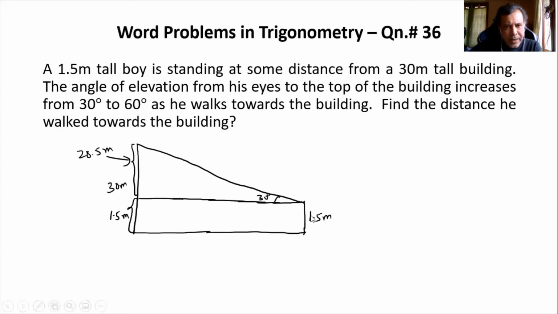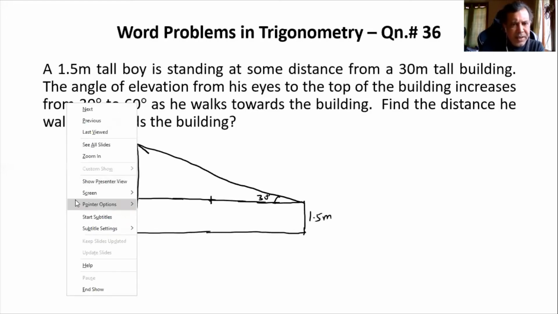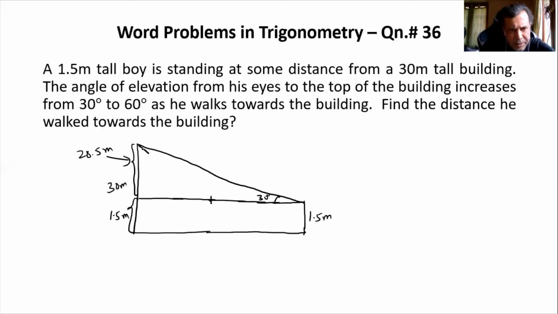Once he started walking towards the building, the angle of elevation increases from 30 degrees to 60 degrees. Let us say he walked from here and reached this point. Here the angle became 60 degrees.